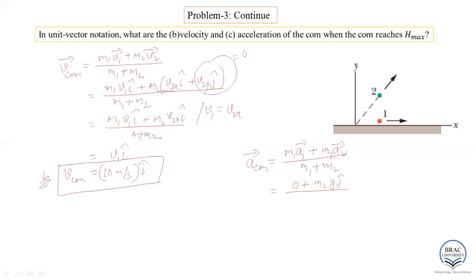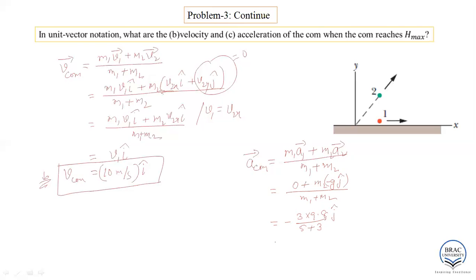Okay, so we should use here a negative sign, so minus g j in terms of unit vectors, over m1 plus m2. So now I put these values here. M2 is equal to 3 multiplied with 9.8, and here it is 5 plus 3. So 3 is also gram, 5 plus 3 is equal to 8 grams, so gram will cancel, and here it is j unit vector.